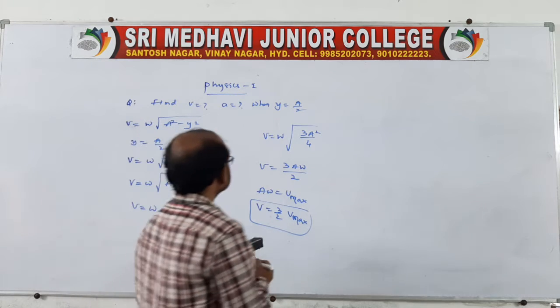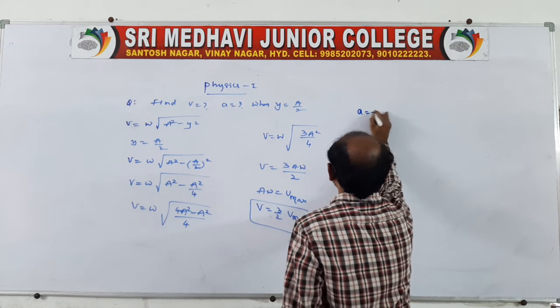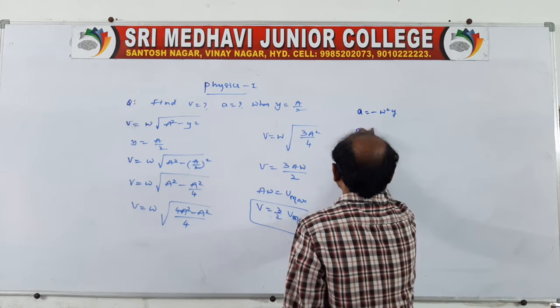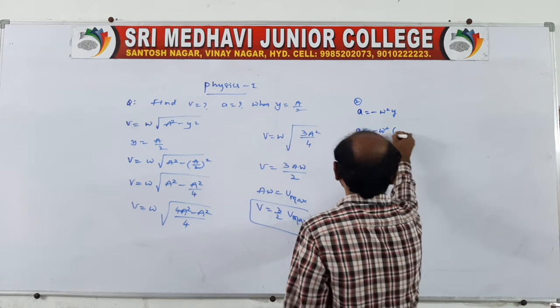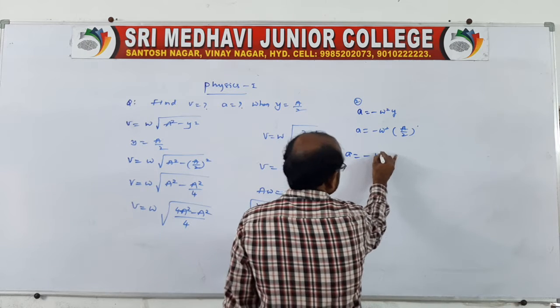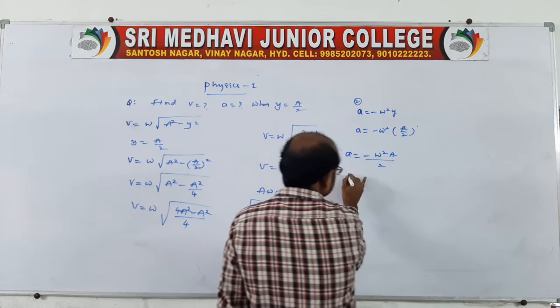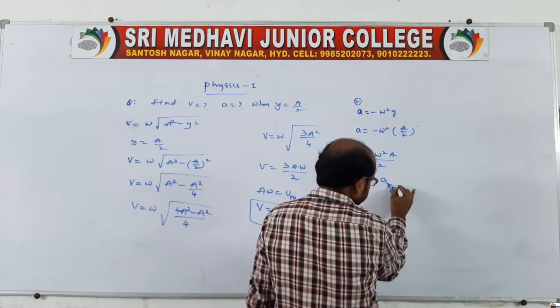Now coming to the next one, we have to find the acceleration also, right? That is minus omega square y. Directly we can take it: minus omega square y, with y given as A by 2. So minus omega square A by 2. Of course, omega square A is the maximum acceleration.